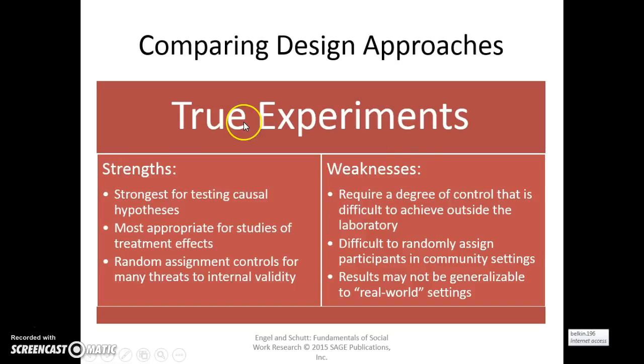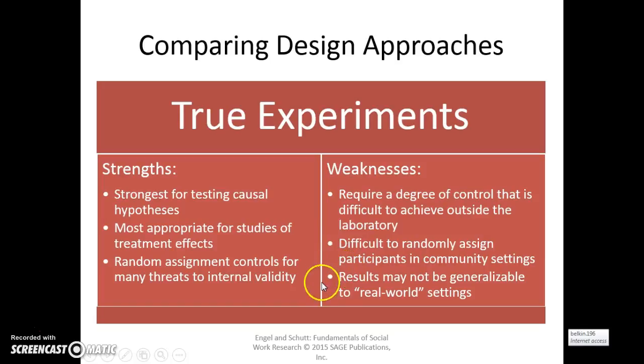For example, in true experiments, a lot of people think of this as the gold standard, and a lot of researchers will definitely try to influence you to think that this is the best one. And again, for causal, if you're trying to find the cause of something, it is definitely stronger, but realistically, it is so difficult to do that in the real world with real people.